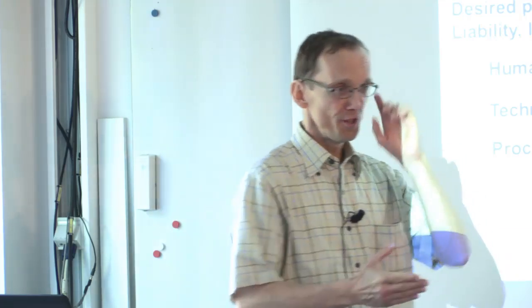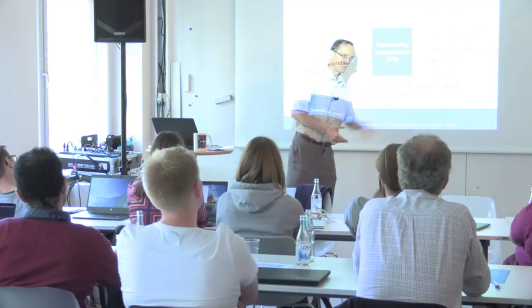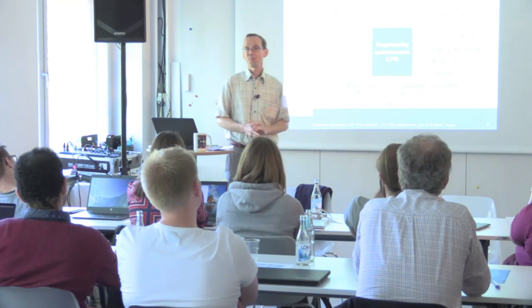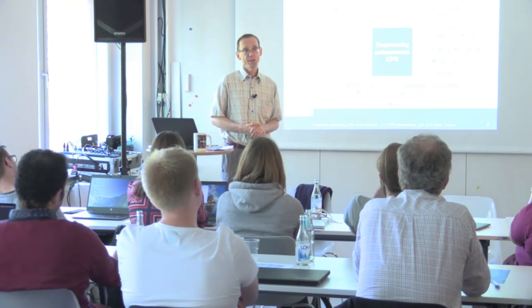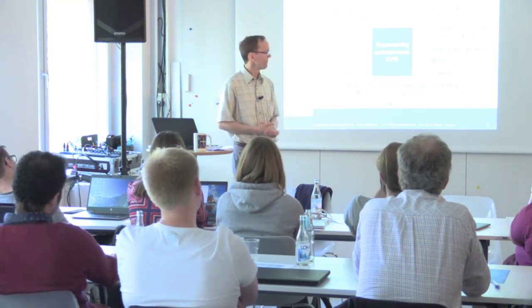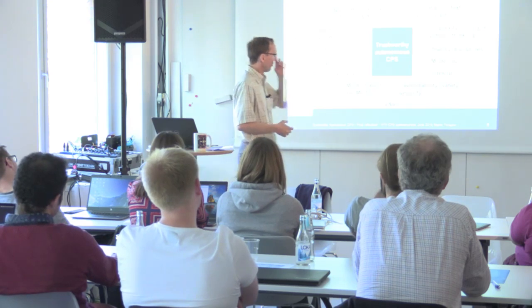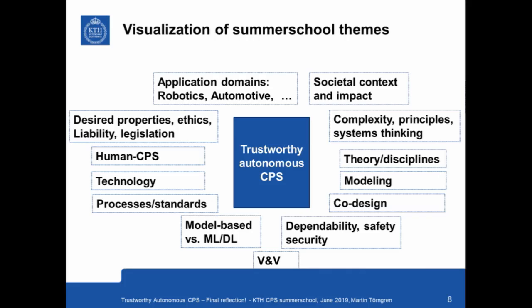Walid started talking about modeling and the important role of modeling, not the least in communication and increasing awareness. Co-design is something I tried to emphasize really strongly here. So we are talking about cyber, computer, feedback systems, and electronic, mechanical, and other types of physical systems.